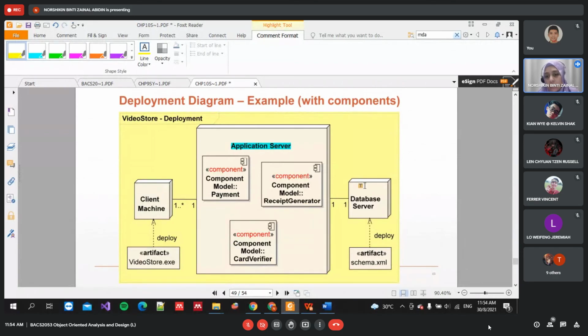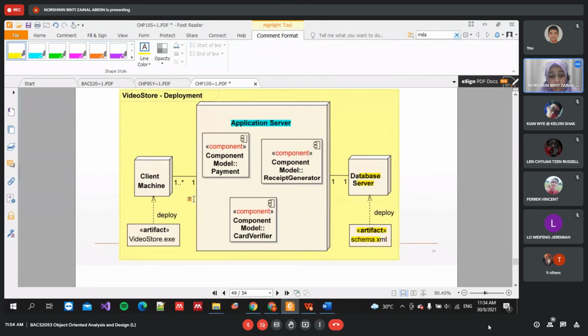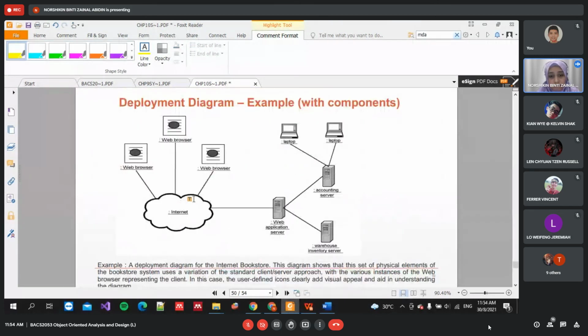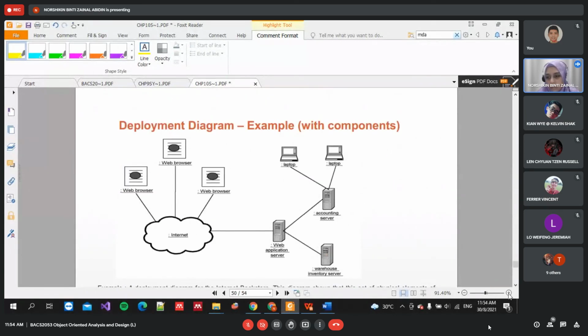Then this one is the node. We deploy this artifact into this DB. The same goes for this one. And you can see the association, the use of notation here, the dotted line and this solid straight line.